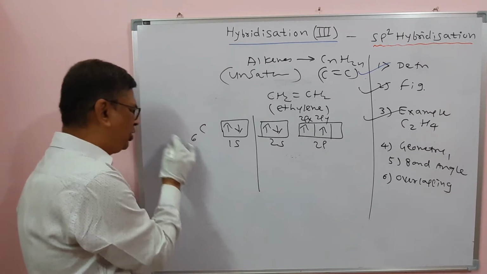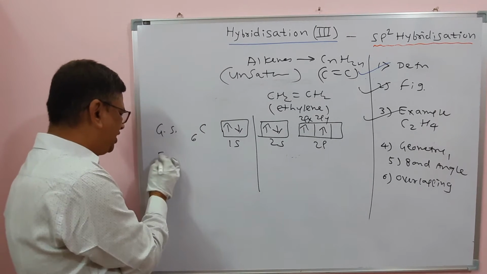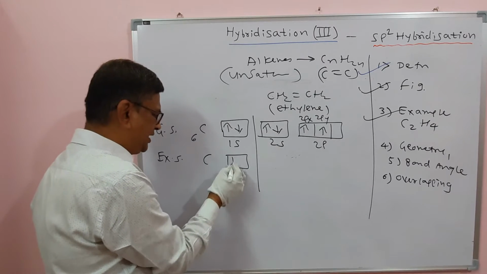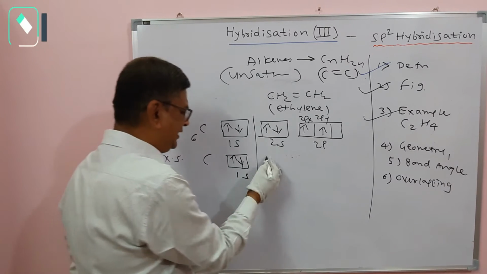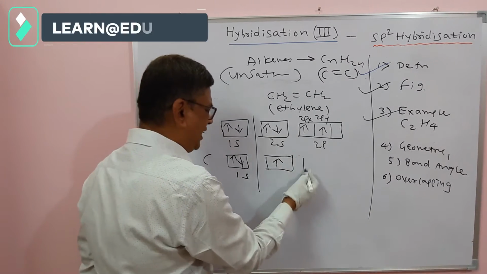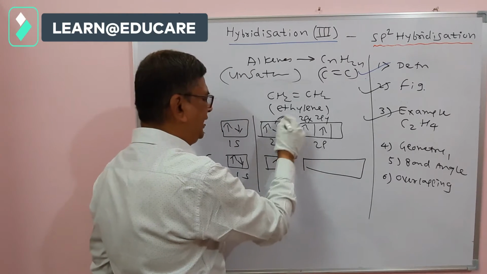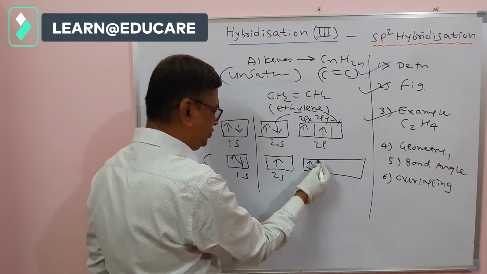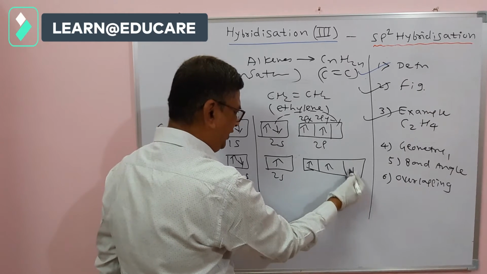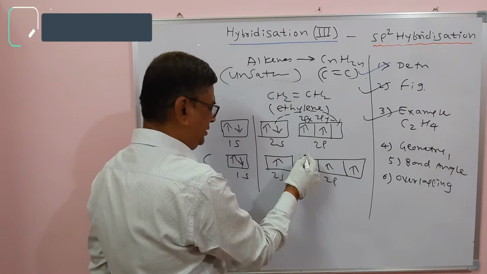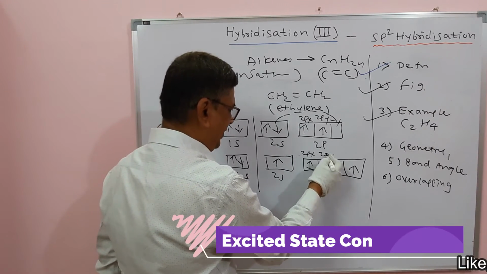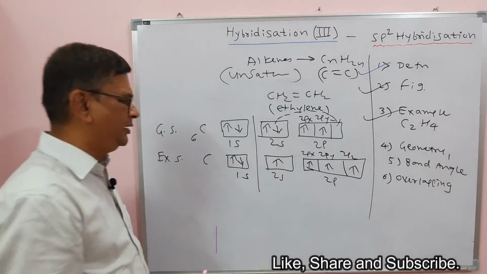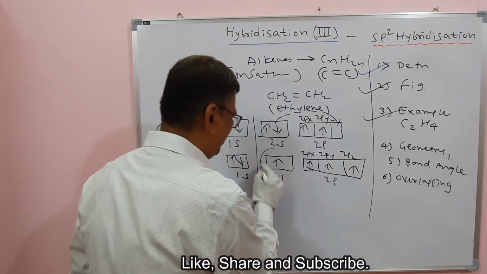There is a chance to form the excited state because there is an empty orbital, 2pz. In the excited state, one electron gets promoted to the empty 2pz orbital from the 2s electron pair, and we get this excited state configuration: 1s2, 2s1, 2px1, 2py1, 2pz1.